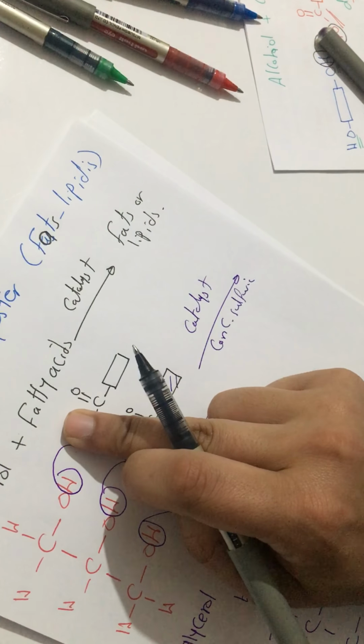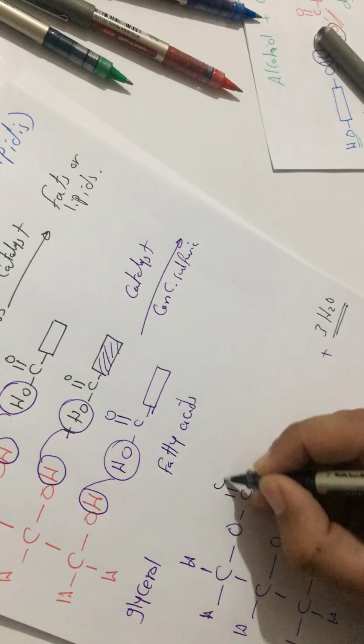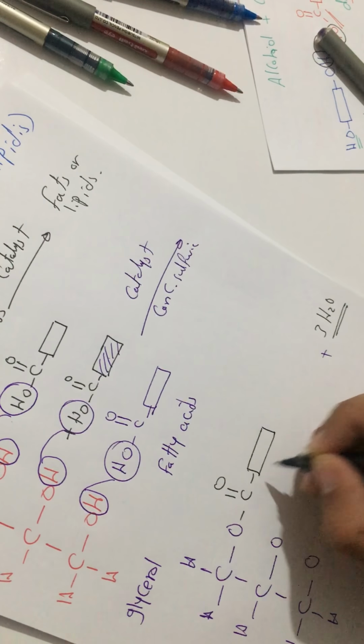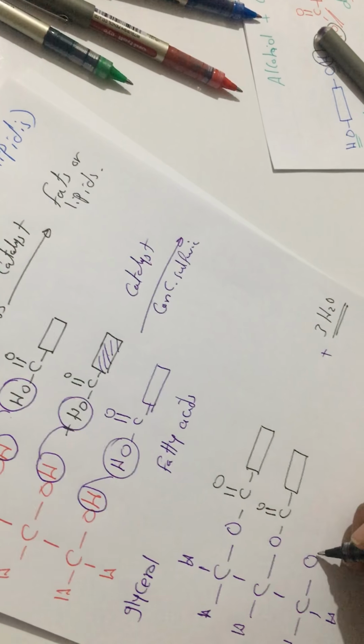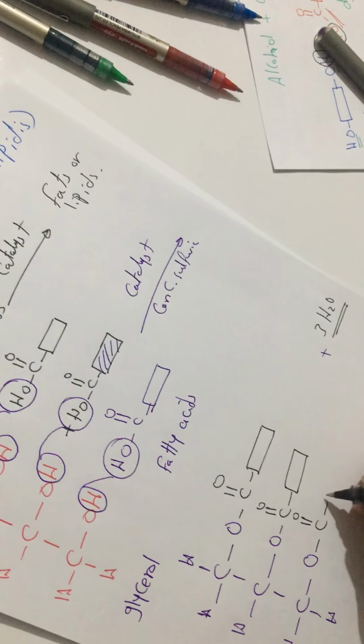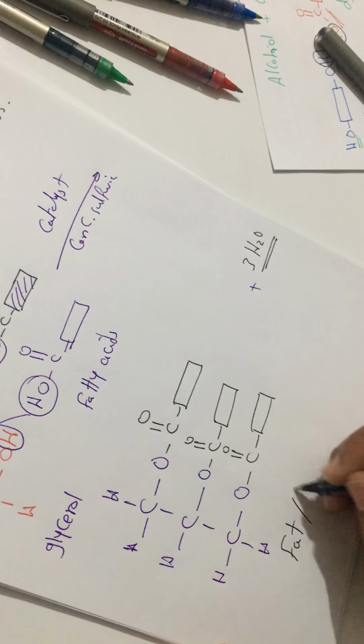We remove this OH, so we have C double bond O, so we add to the molecule C double bond O and another C double bond O and another C double bond O, so we have here a fat or lipid.